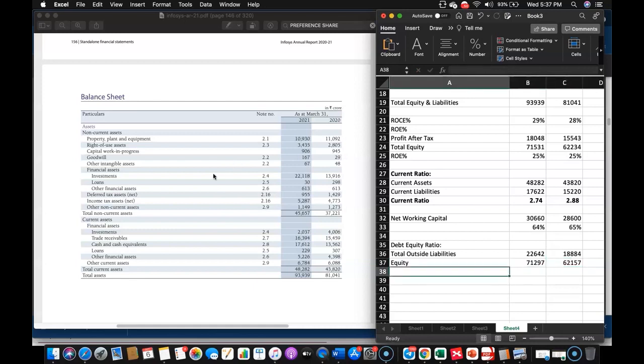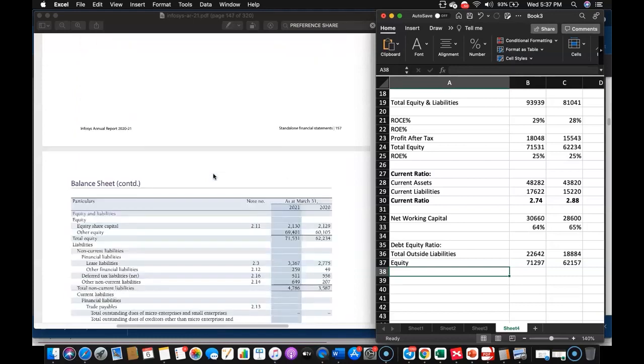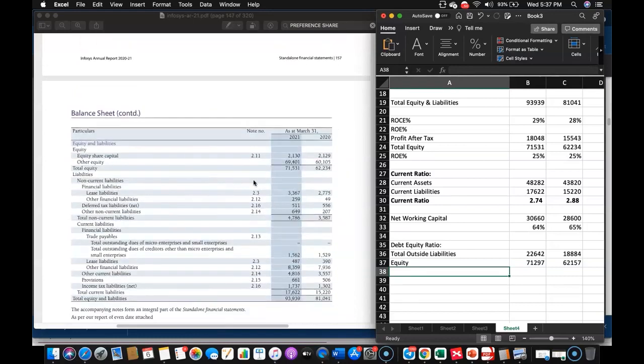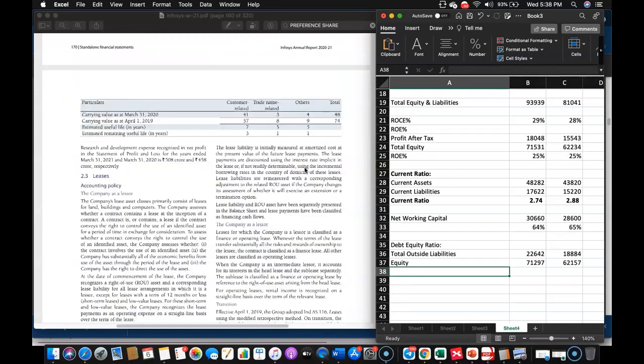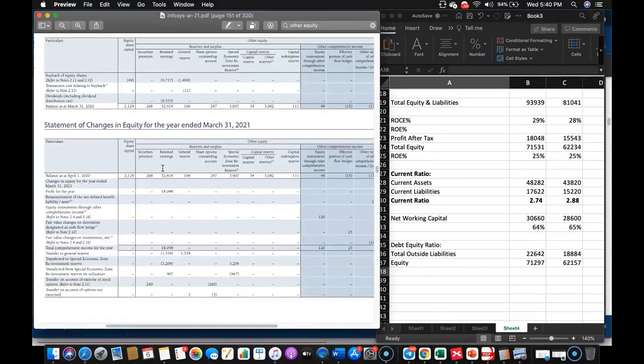Then if there is any revaluation reserve included, that should also be deducted. Other equity has 69,401 crore. Let's go to the statement of changes in equity for the year ended 31st March 2021. Here is their equity share capital. The other equity has increased from the opening balance. It has a composition like securities premium, retained earnings, general reserve, share option outstanding, capital reserve, capital redemption reserve.